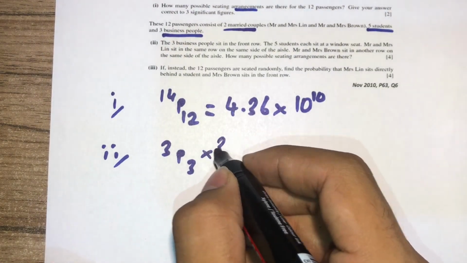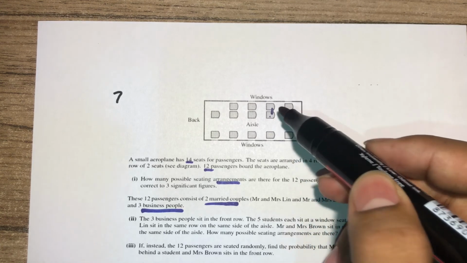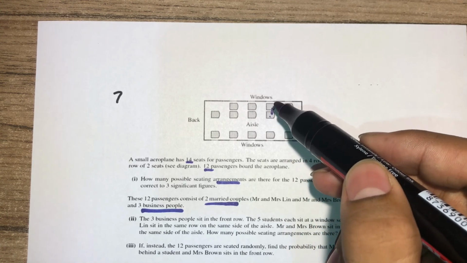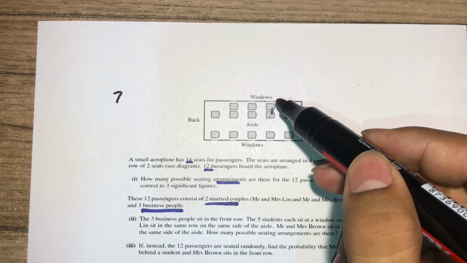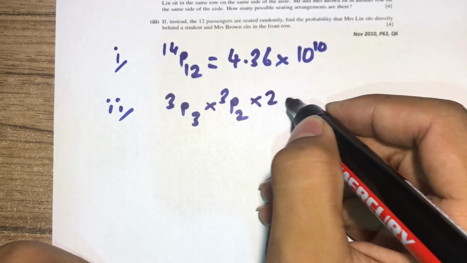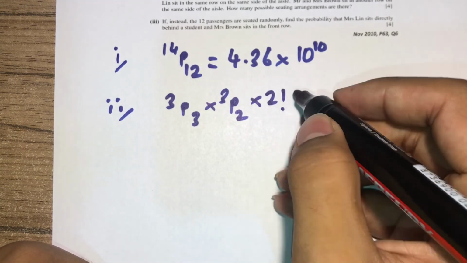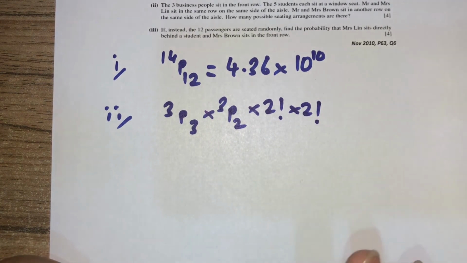Now if, for example, Mr. and Mrs. Lynn sit over here, there are two possibilities: Mr. Lynn sits here and Mrs. Lynn sits here, or the other way around. So we'll multiply by 2 factorial for Mr. and Mrs. Lynn, and then 2 factorial for Mr. and Mrs. Brown. This was for the couples.